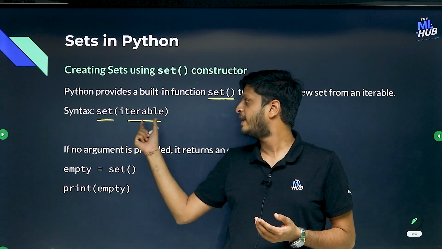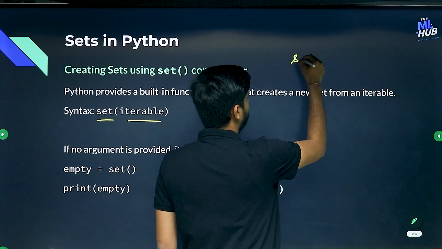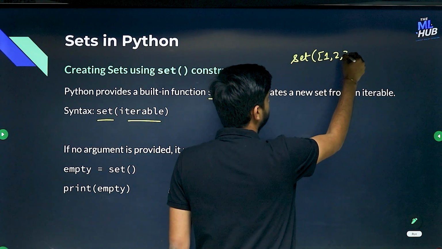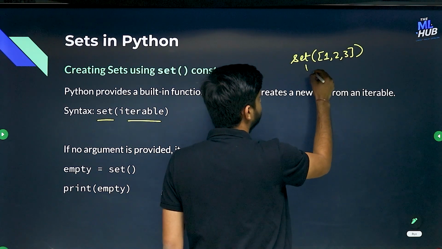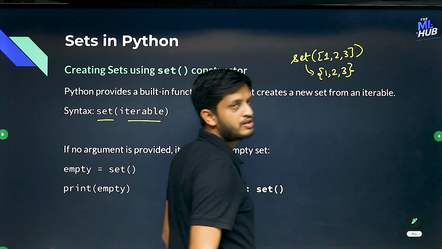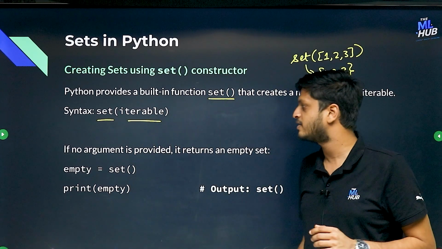So if you write set and inside it a list, it will convert this list into a set containing elements 1, 2, and 3. This is how you can convert any other iterable into a set using the set constructor.